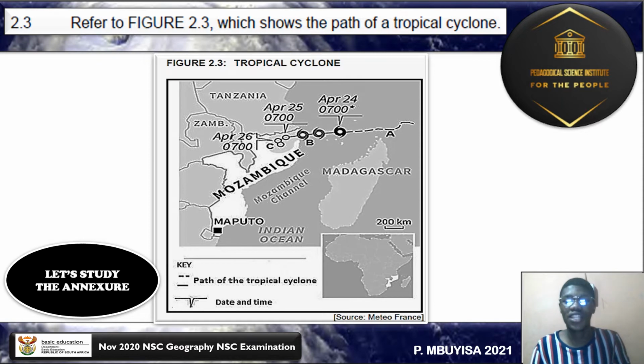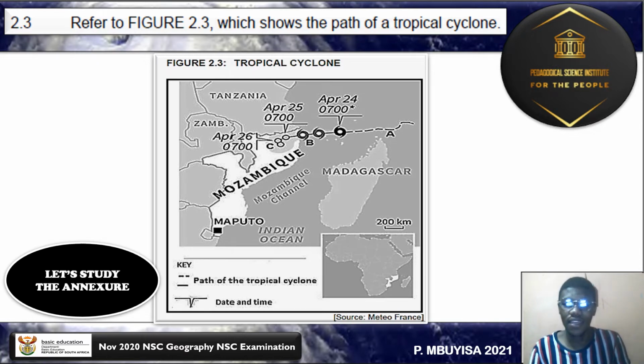We have our annexure there. It says refer to figure 2.3, which shows the path of a tropical cyclone. Since they are saying it's a tropical cyclone, they automatically tell us it's in the southern hemisphere.